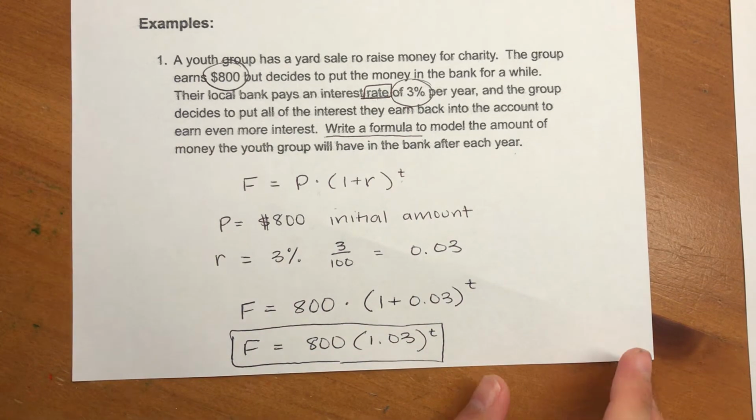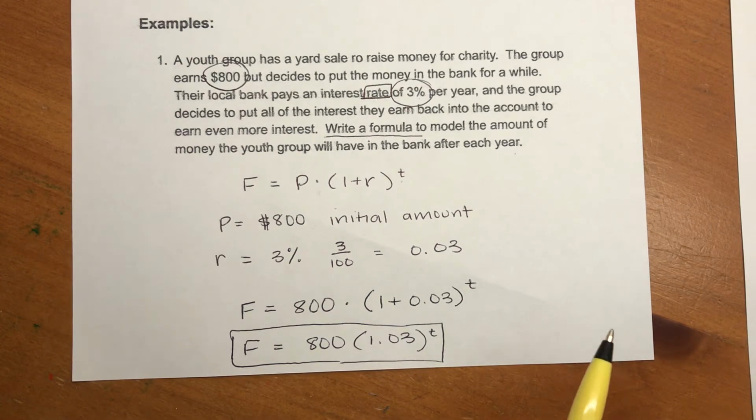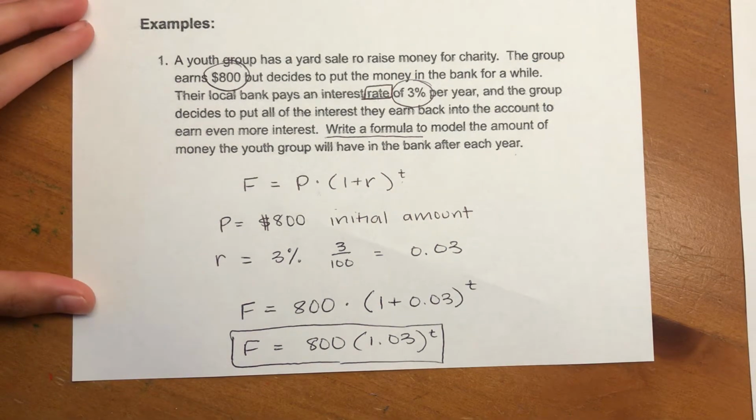Okay? So what we'll do in my next lesson is be using the formulas to compute an amount of money. So say we want to know how much money will they have after 3 years or something like that. Okay? So that's example 1. If you need to, rewind the video and watch it again. I'm going to move to example 2.